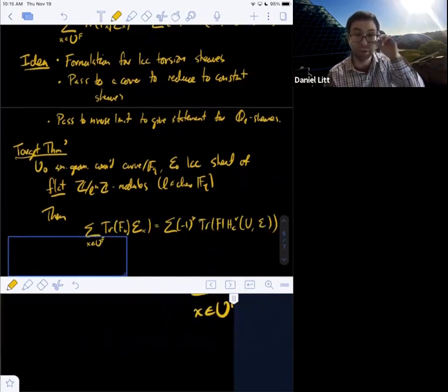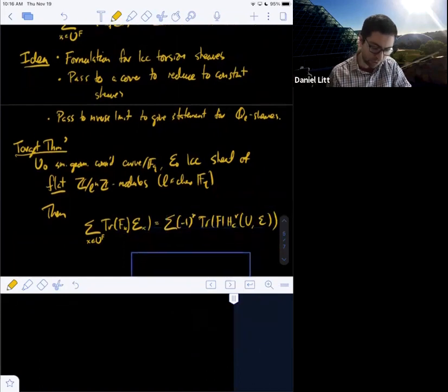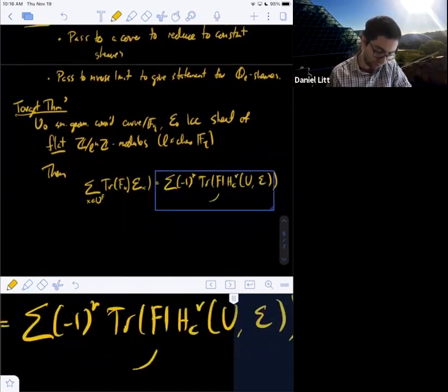So U is the base change of U naught to the algebraic closure, and E is the restriction of E naught to U. Okay, so the question that we have to address now is, what does this mean?